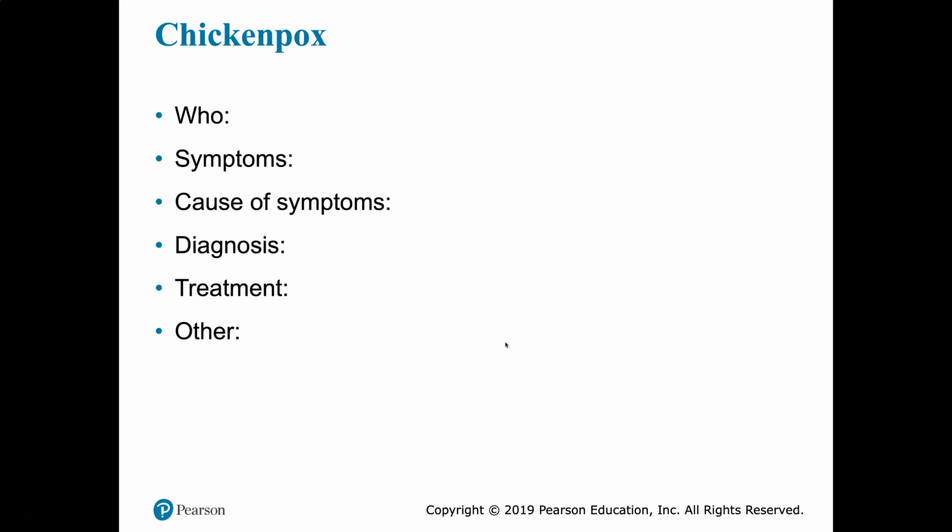Okay, and shingles is, honestly, it looks like a small rash. Usually it's on either the scalp, usually around the elbows, or across the trunk of your body, across your stomach, or on one of the sides of your body.